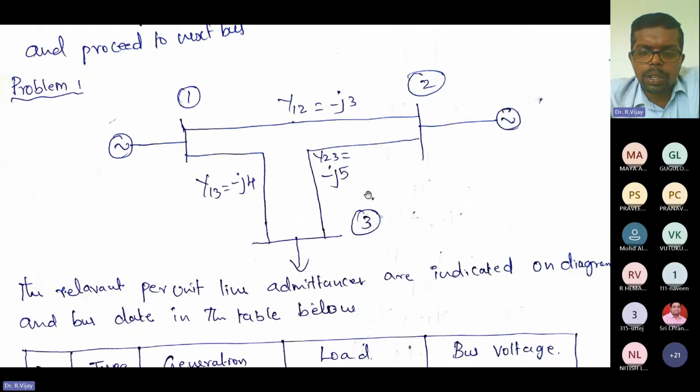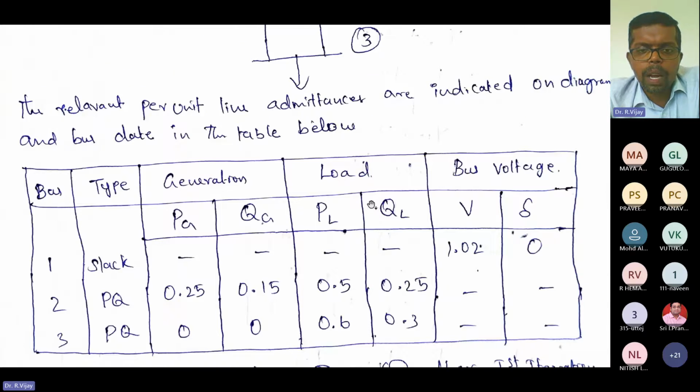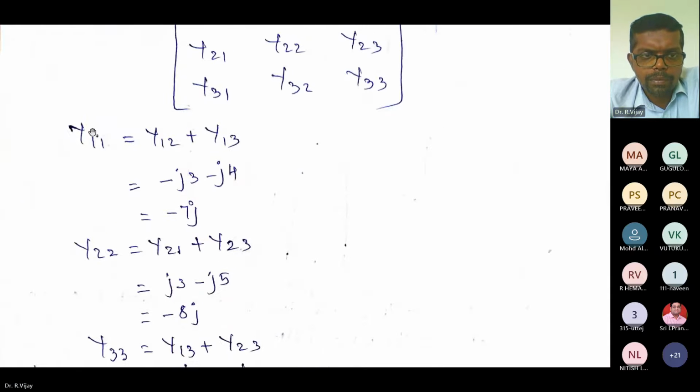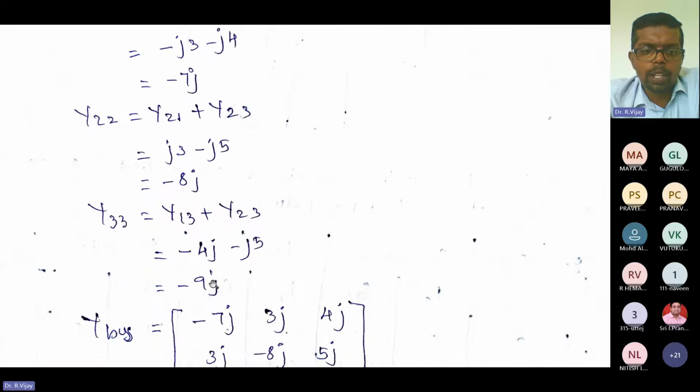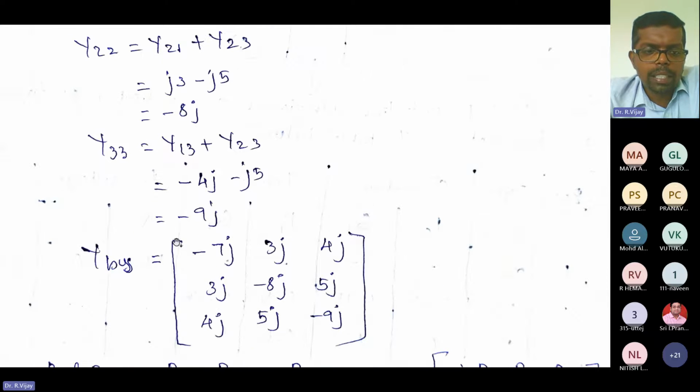With this, you can simply formulate the YBus matrix. Here we added, and Y11 is equal to minus 7J, Y22 is equal to minus 8J, Y33 is equal to minus 9J.